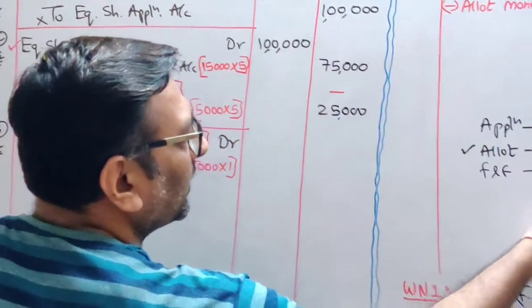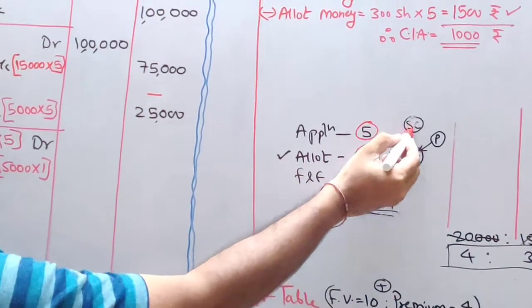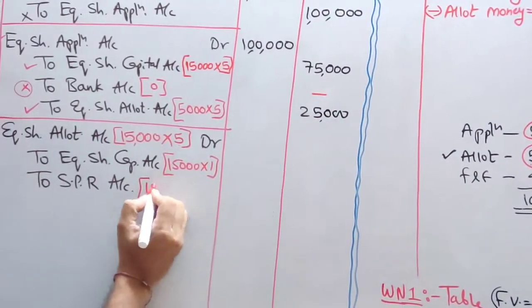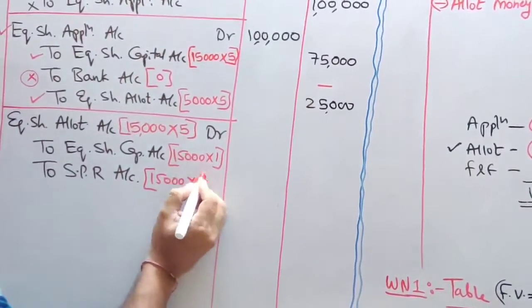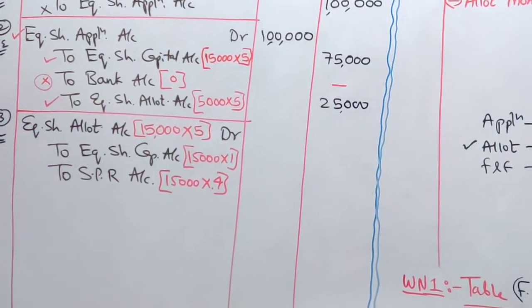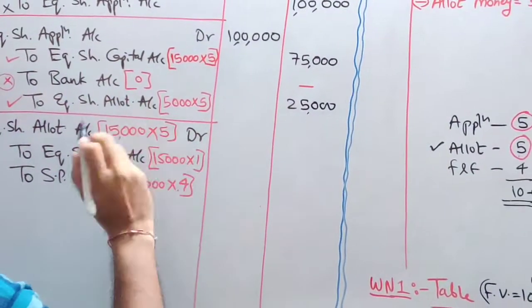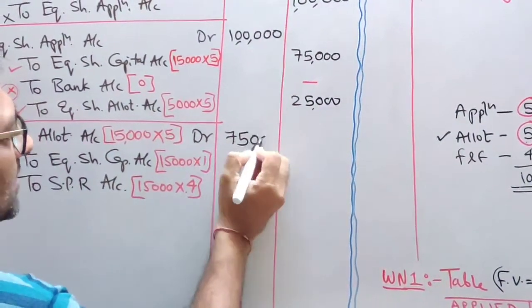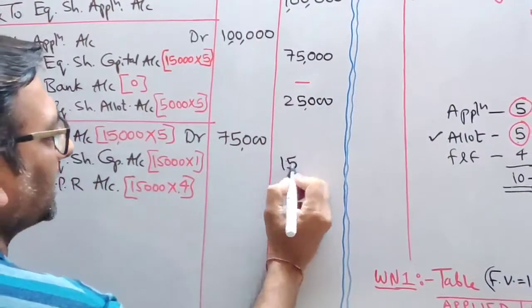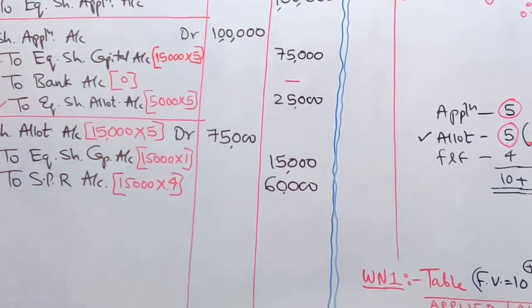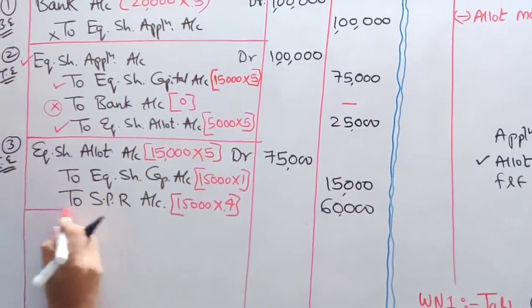I have written a breakup over here, students. 1 rupee is of share capital, 4 rupees is of premium. So 4 rupees you will write in SPR account. It is a premium money. I hope you have understood till now. 15,000 into 5 is 75,000. Ones are 15,000. Fours are 60,000. Am I clear with this allotment entry?